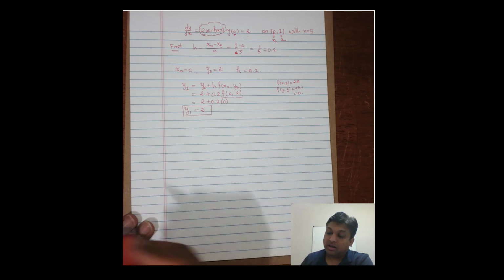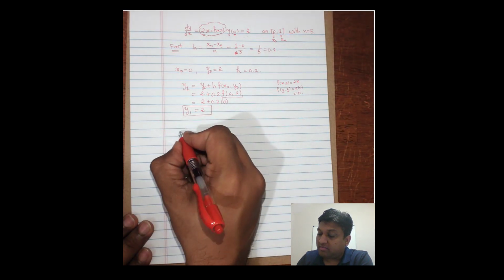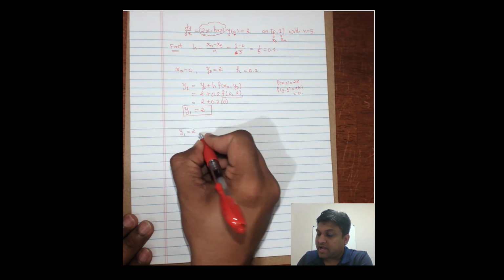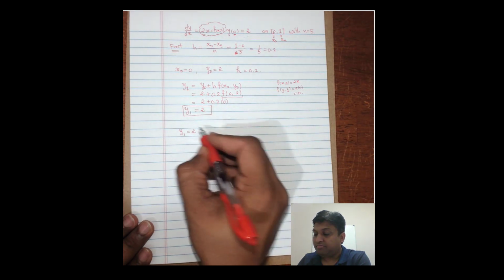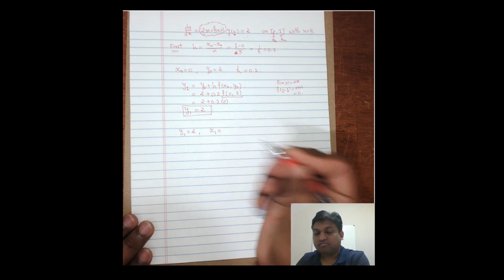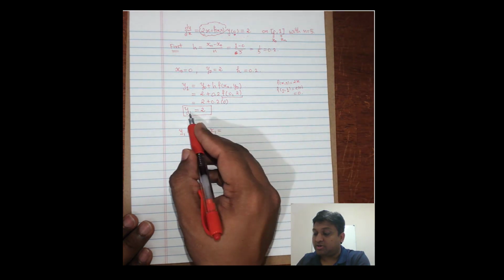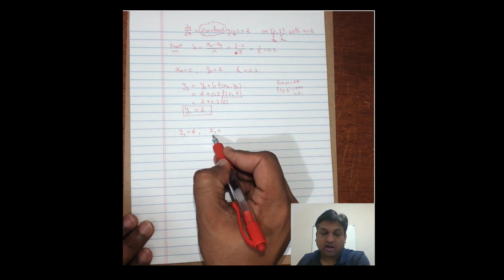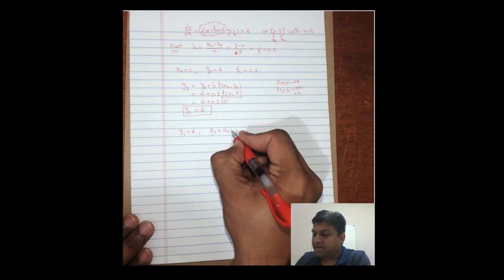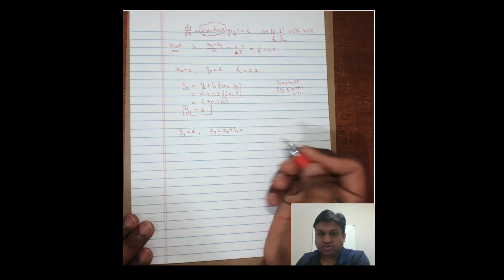Okay, to calculate the second approximated solution, I need y1, I need x1. y1 is already there, I need x1. How do I get x1? Well, simple. To the previous x value, add h.